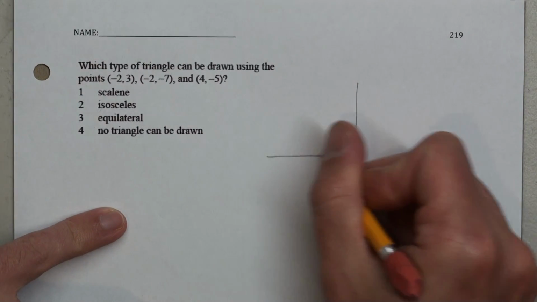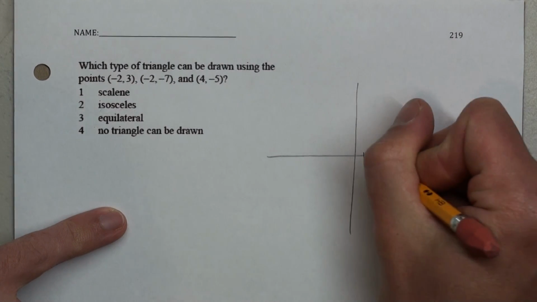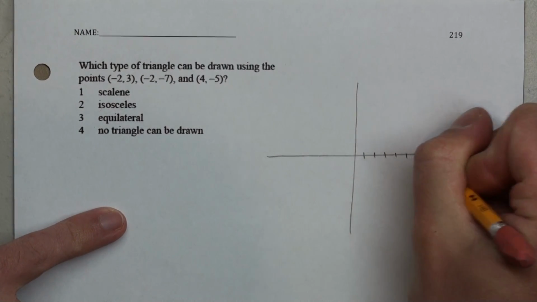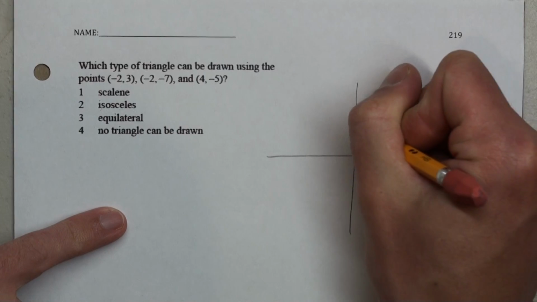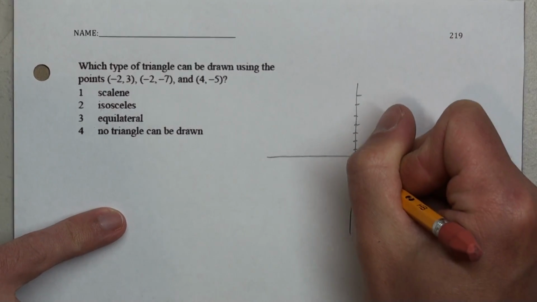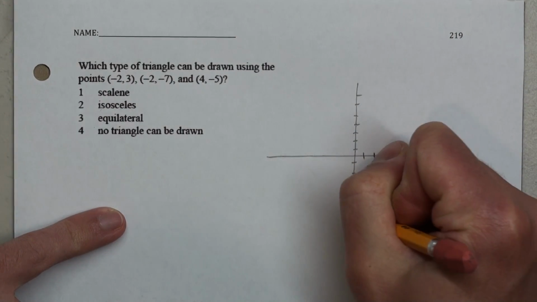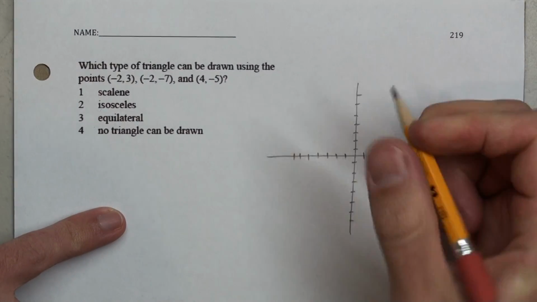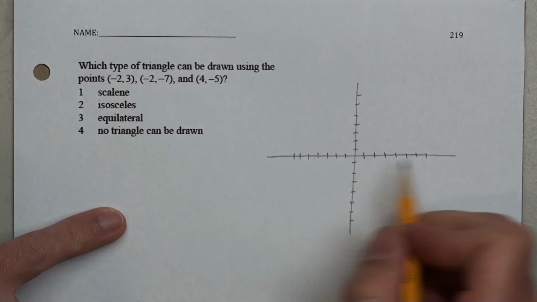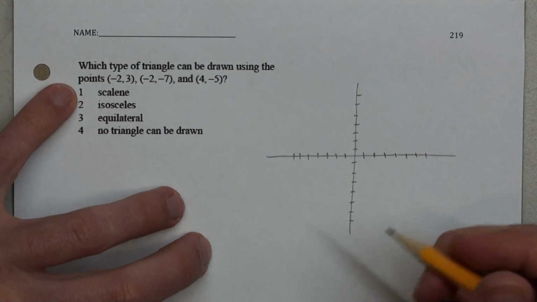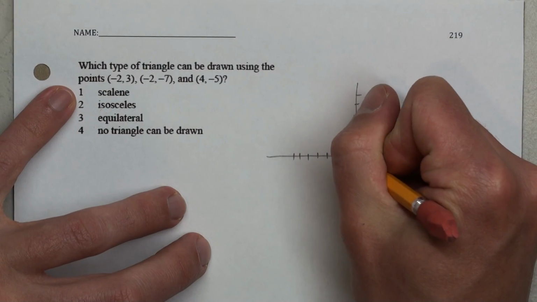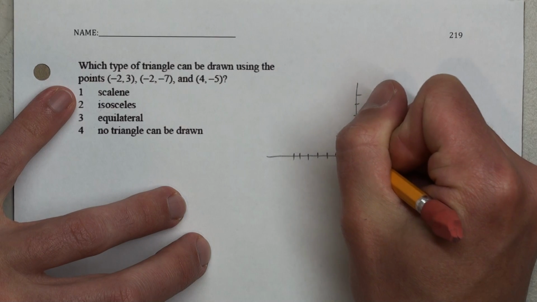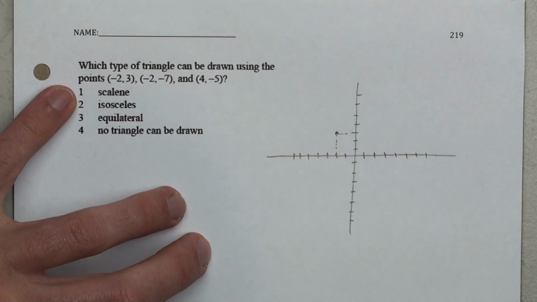Another type of one of these things. 1, 2, 3, 4, 5, 6, 7. I always go by the biggest number. That's how far I go in each direction. So -2, 3, -2, 7.